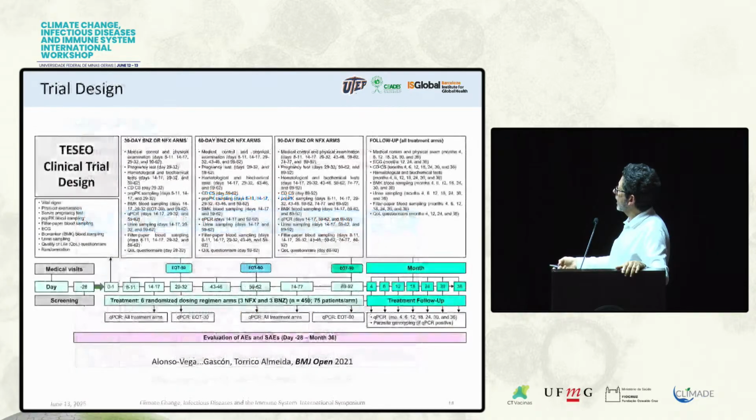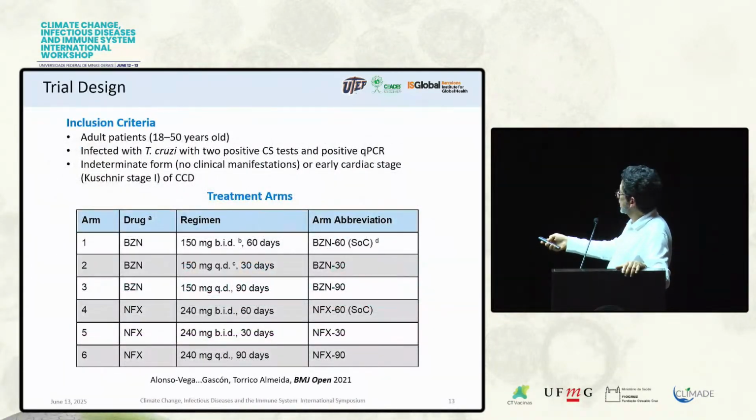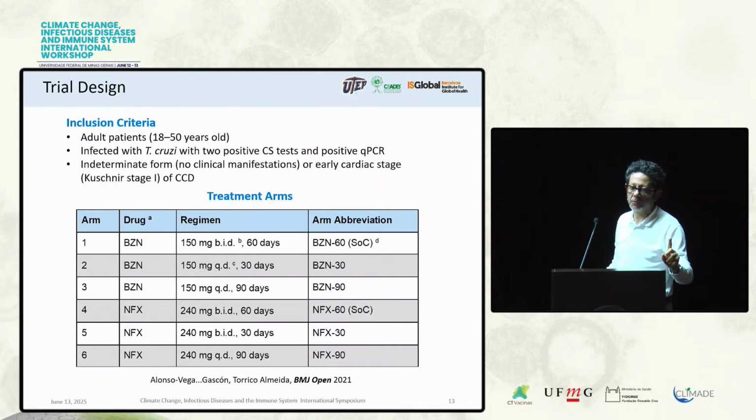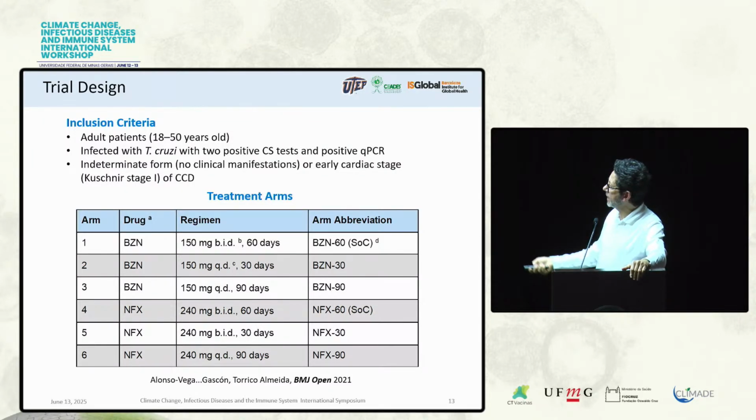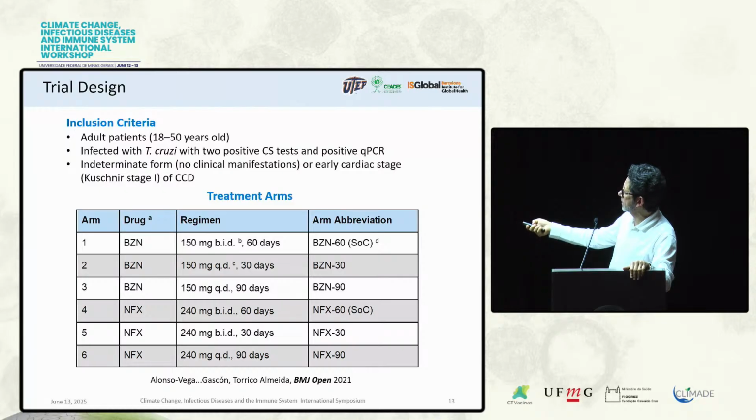So we're going to have 6 groups, 6 arms, and the inclusion criteria is adult patients, 18 to 50 years of age, infected with T. cruzi with 2 positive conventional serology tests and at least 1 positive qPCR, and indeterminate form, no clinical manifestation, or early cardiac stage, Kuschnir stage 1.